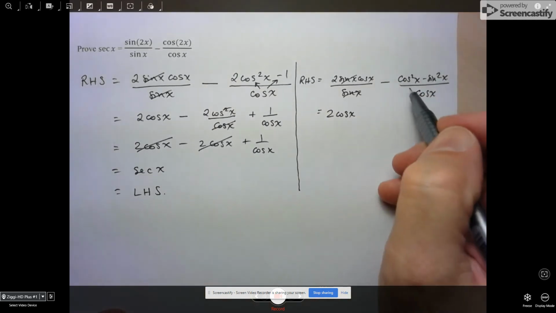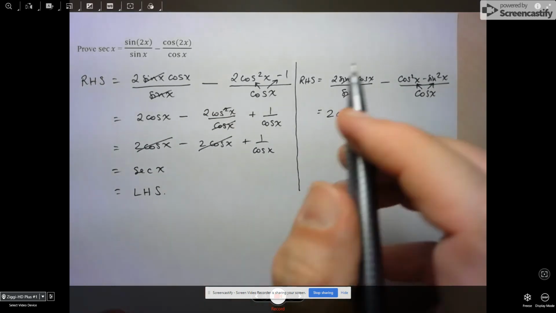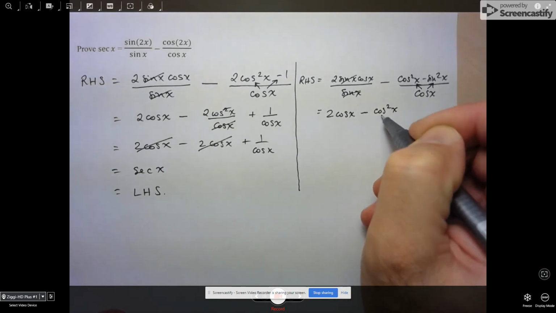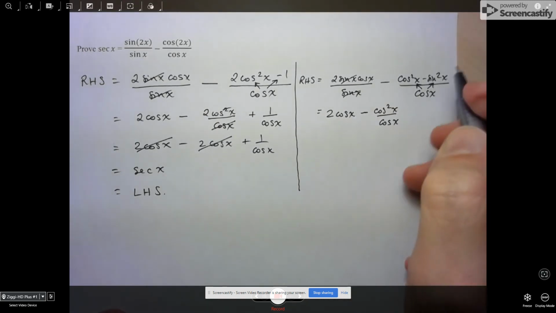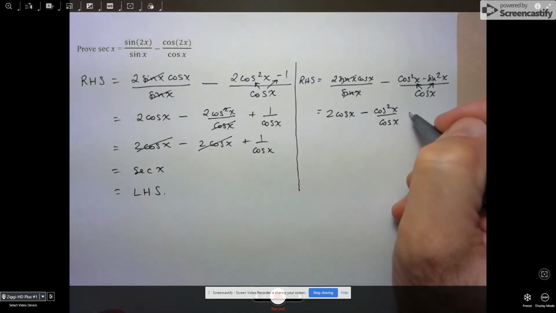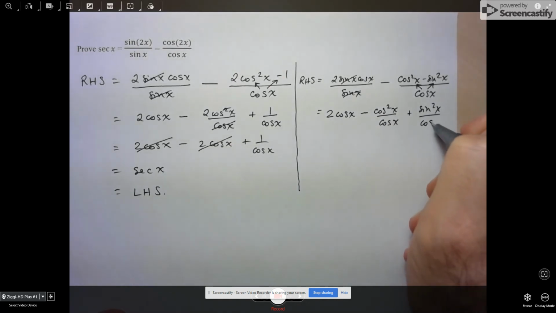All right, and here again, I think I'll distribute this division. So we're left with minus cos squared x over cos x. And here again, remember, this subtraction has to apply to the whole thing. So that's going to end up being plus sine squared x over cos x.